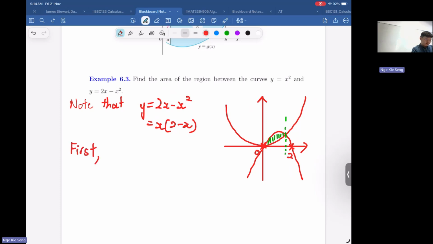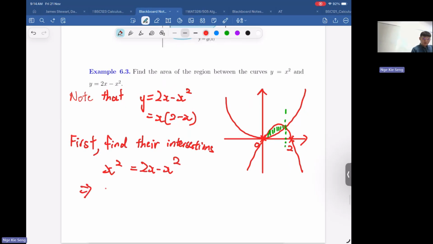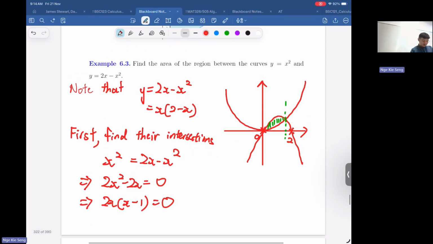So one is x squared, and the other is 2x minus x squared. We get 2x squared minus 2x equals 0, which is 2x times (x minus 1). So there are exactly two roots here: x equals 0 and x equals 1. So actually they intersect at x equals 1.